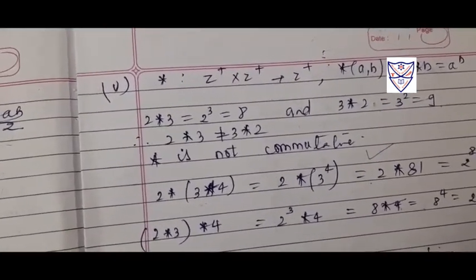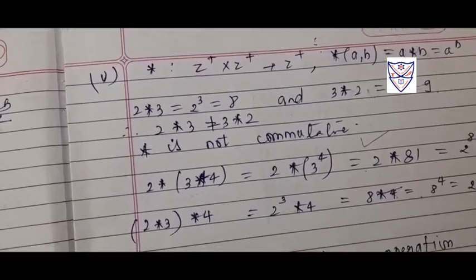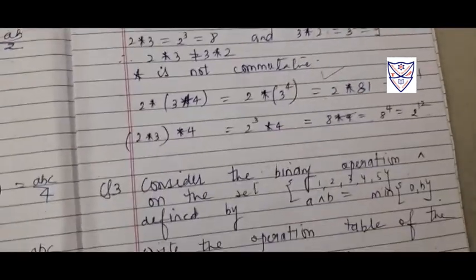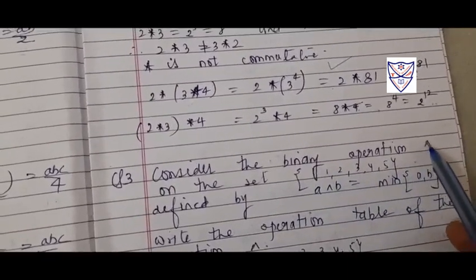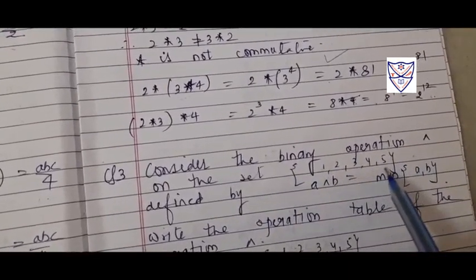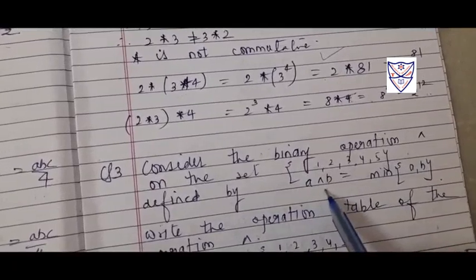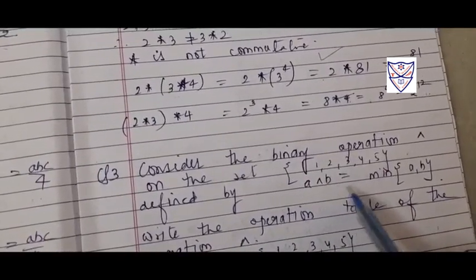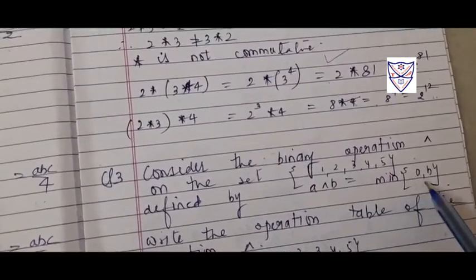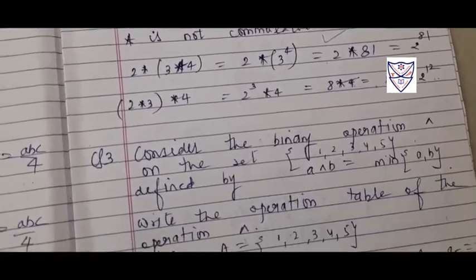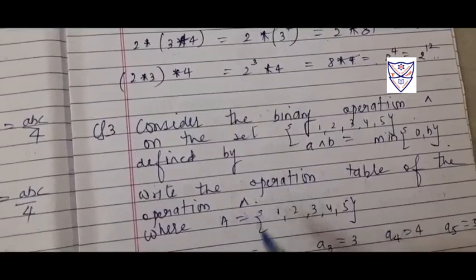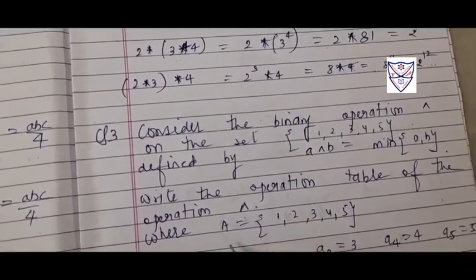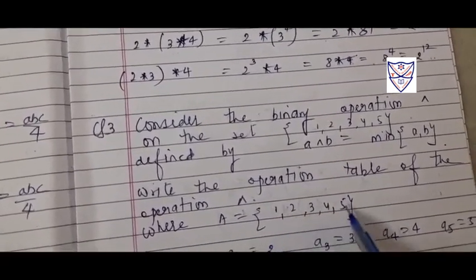Okay. Now we'll see question number 3. In question number 3, consider the binary operation on the set {1, 2, 3, 4, 5} defined by a binary b as the minimum of a and b. We have to write the operation table for this operator, where A is a set whose elements are 1, 2, 3, 4, 5.